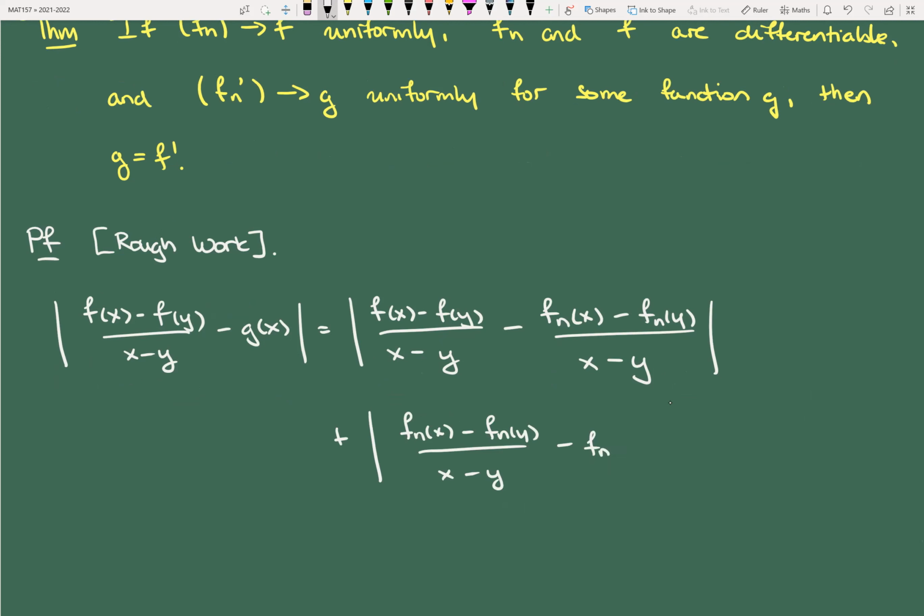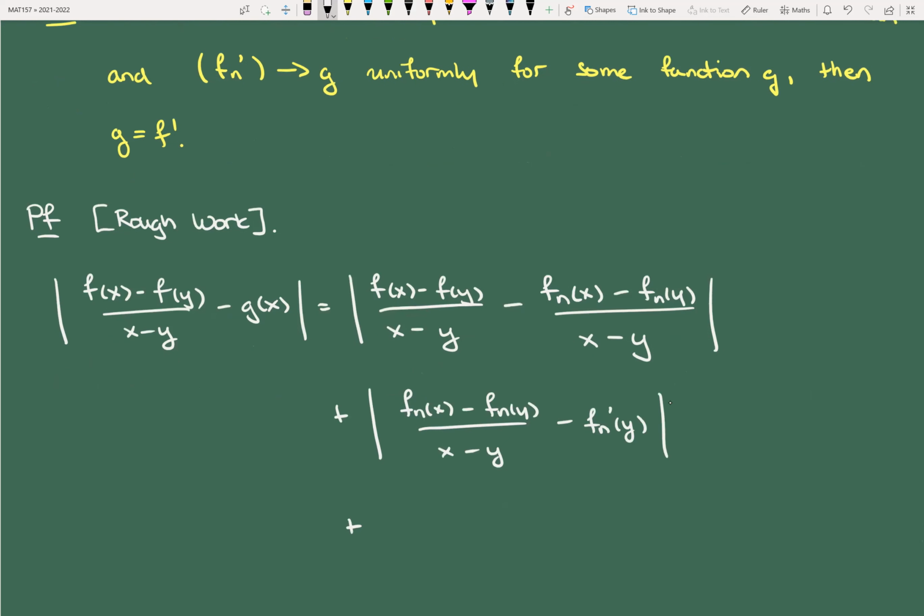Yeah. Plus, oh no, x, because I'm doing it in x's. Like so. Okay. You're right. Yeah, less than or equal to, because I did use the triangle inequality.